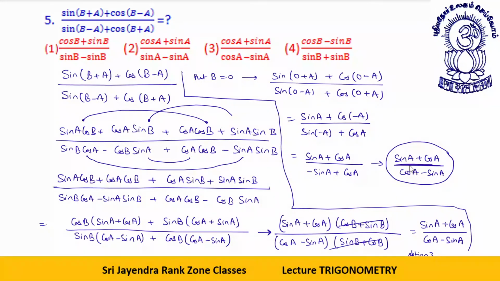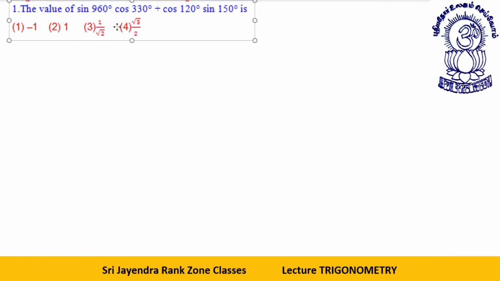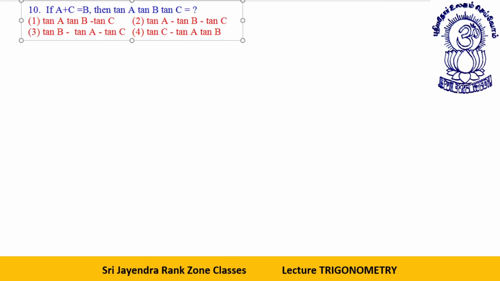Next, I move to a special type of question. See, A plus C is equal to B. If A plus C is equal to B, then find the value of tan A tan B tan C. Very good question, and you can learn the result.